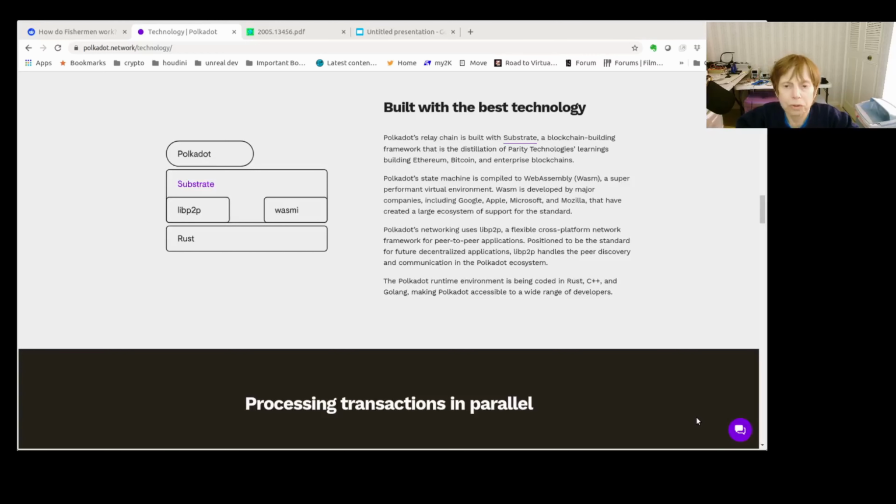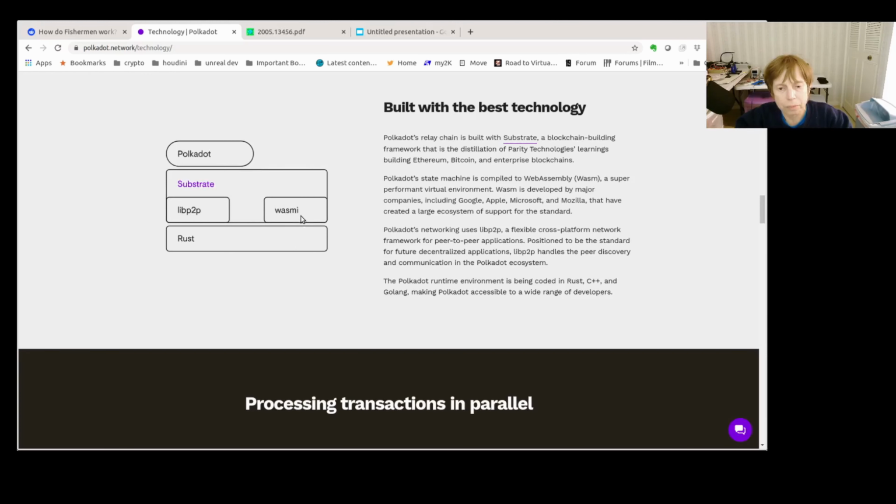Okay, so today we're going to talk about Wasm, WebAssembly. You can see it's part of the Polkadot stack.